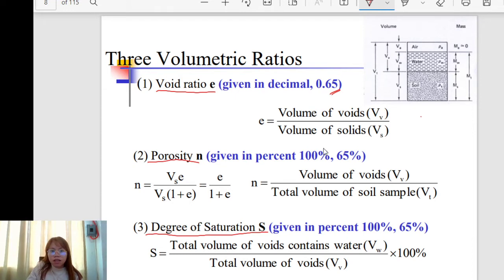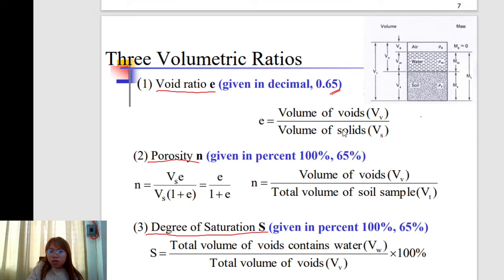This is just an example. The void ratio is the ratio of the volume of the voids to the volume of solids.